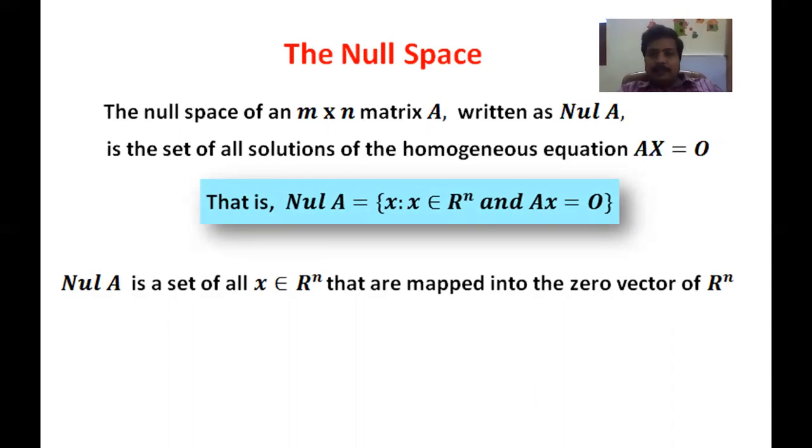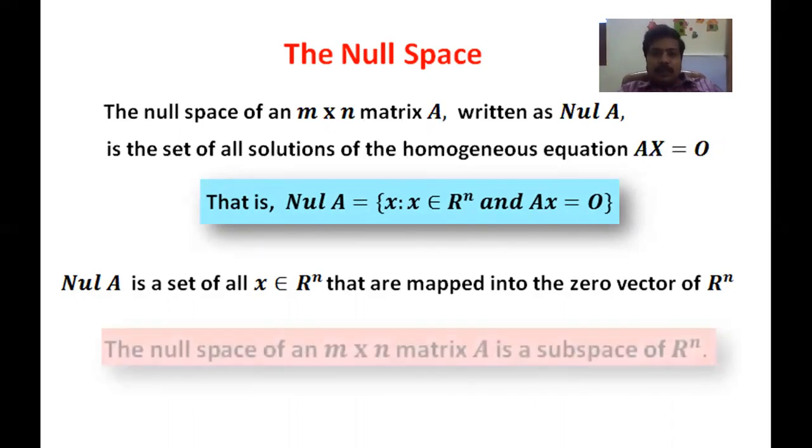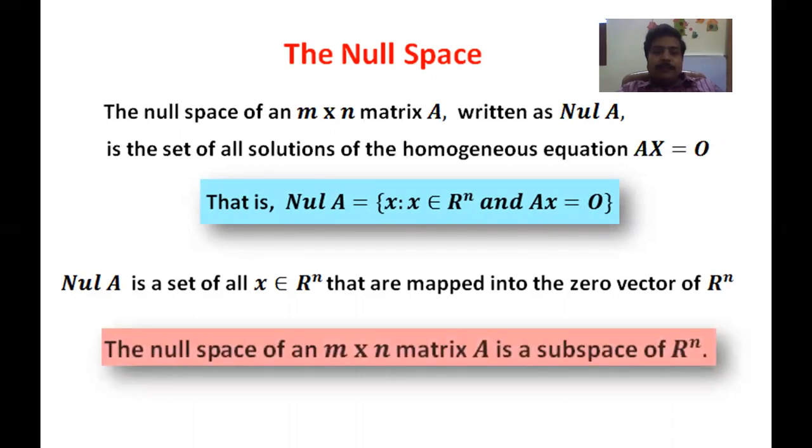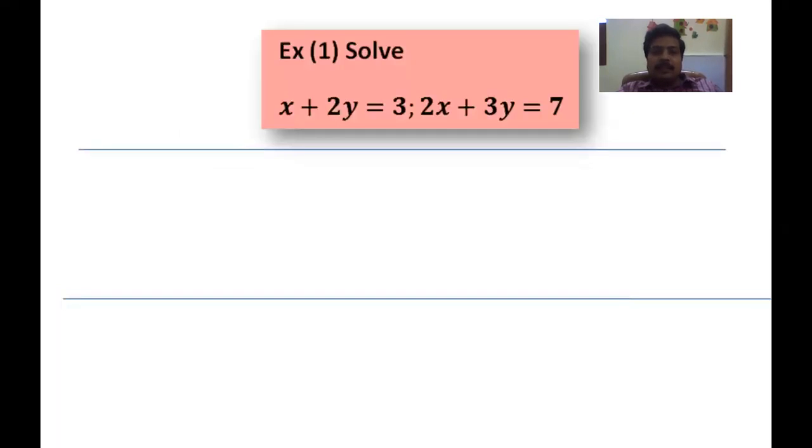So that is one more significance of null A. And we have already seen that null space is always a subspace of Rn, where A is an m by n matrix.